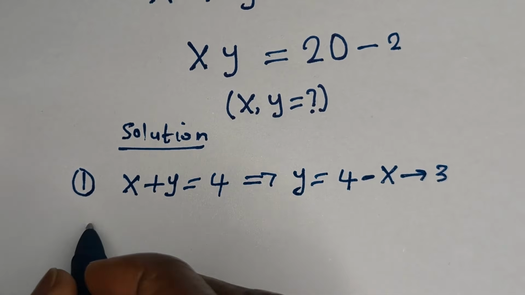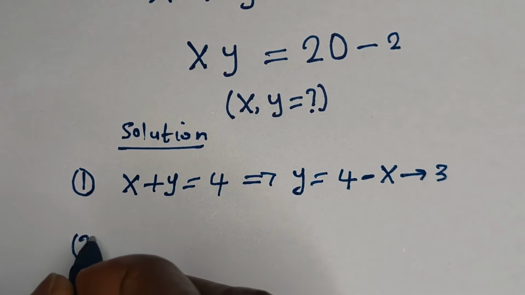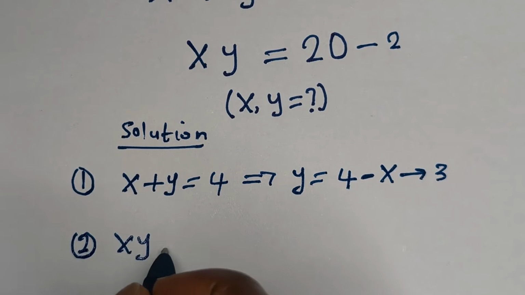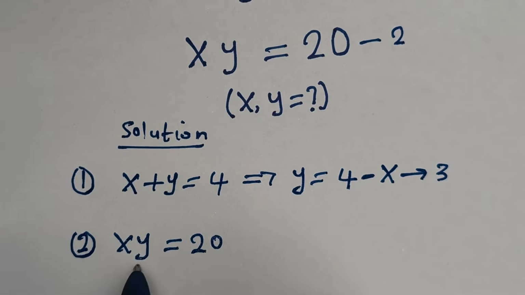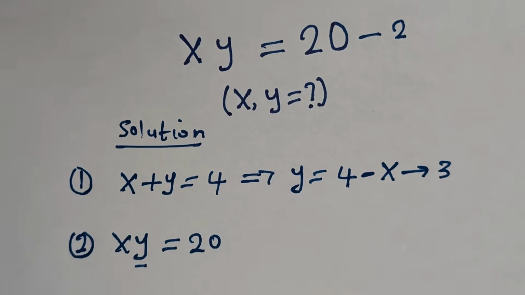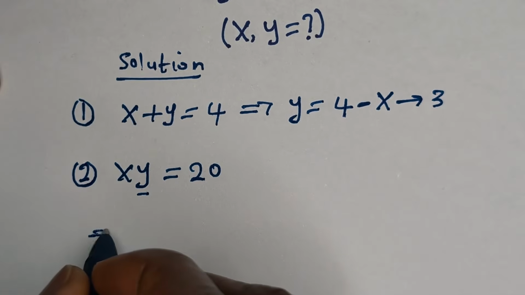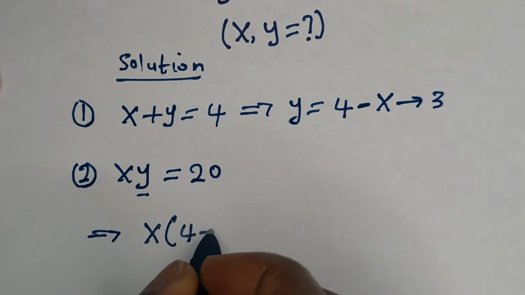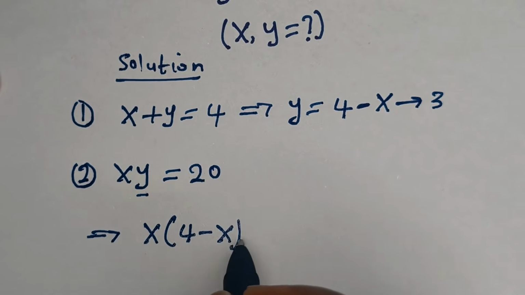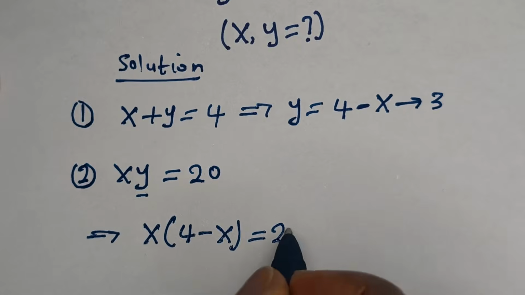Then from equation 2, sy is equal to 20. We can now substitute for y here, which is 4 minus s. s bracket 4 minus s bracket is equal to 20.